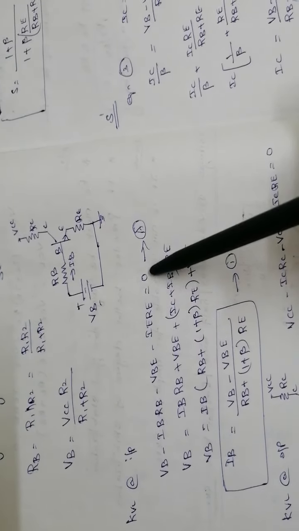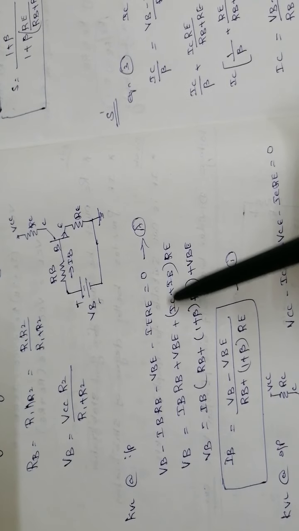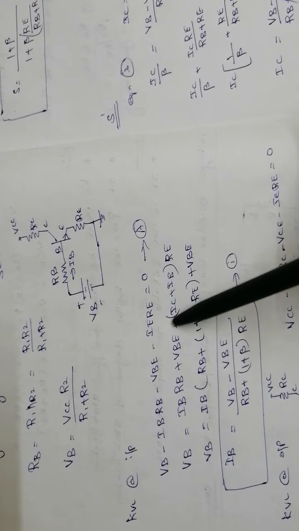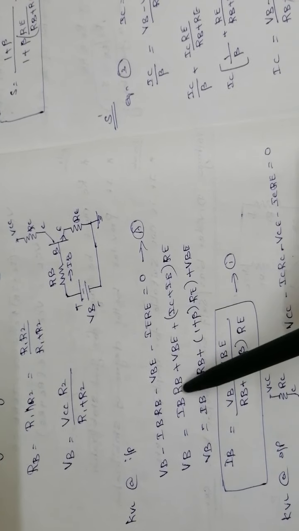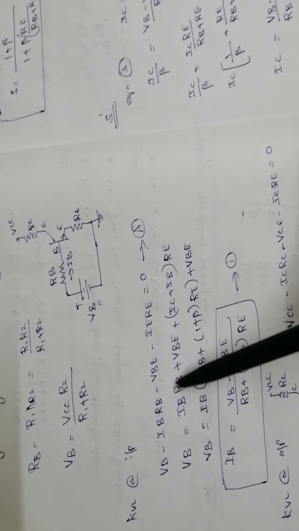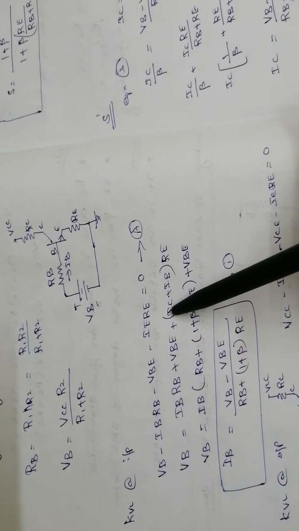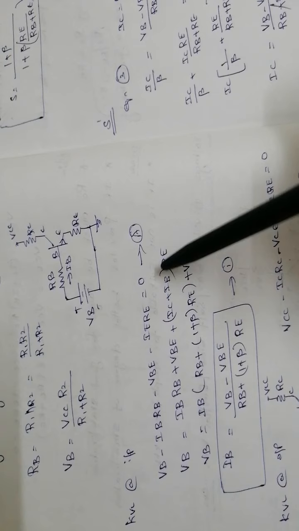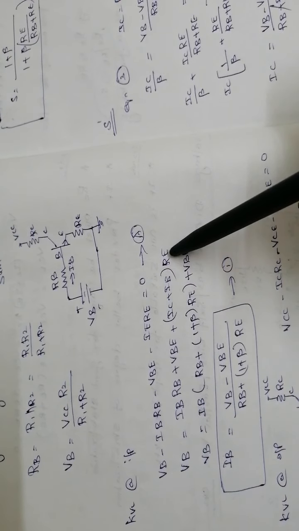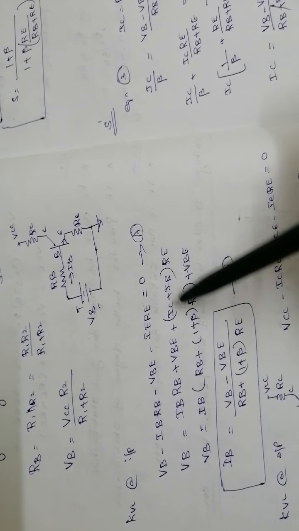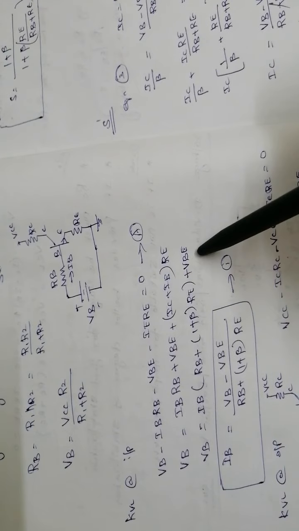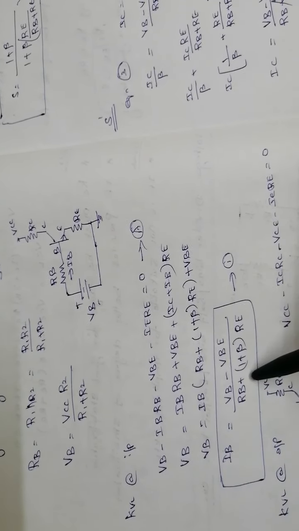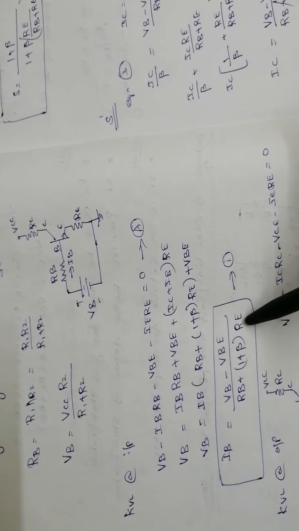IE is the sum of IC plus IB, and IC equals beta times IB. So taking IB common, IB times RB plus beta into RE plus IB into RE, so we can take 1 plus beta times RE, plus VBE. Now IB equals VB minus VBE divided by RB plus 1 plus beta times RE.